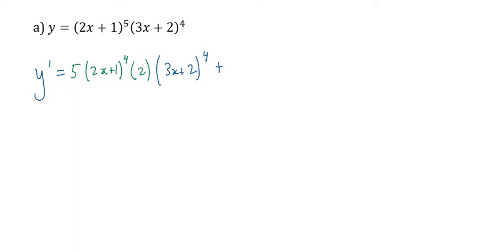Plus the derivative of the second part. So bring the exponent down, 3x plus 2. Subtract 1 from the exponent, times the derivative of what's inside the brackets, which in this case is just 3, times the first part.